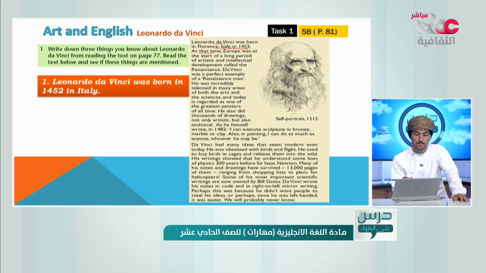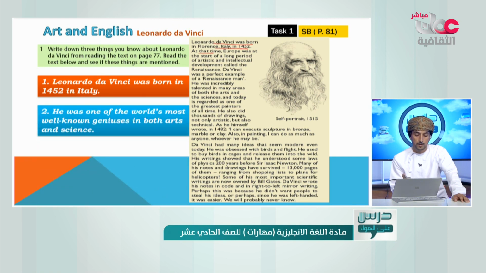It is the same. Number 2, he was one of the world's most well-known geniuses in both arts and science. And we can find this here. He was incredibly talented in many areas, both in art and science.